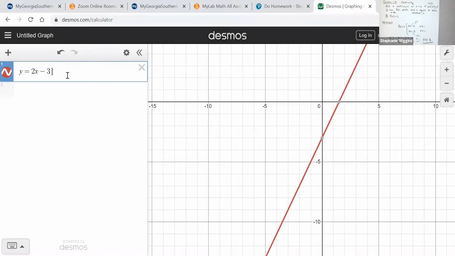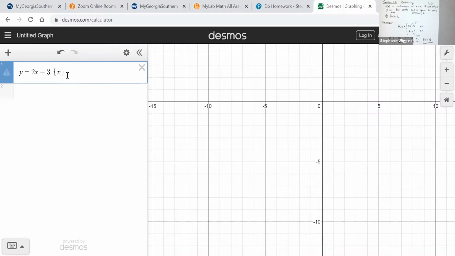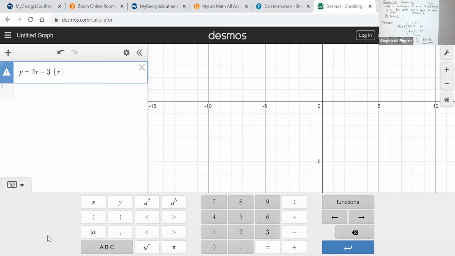I'm going to use what I call squiggly brackets. I type in x, and I want to go down to this little button that expands your choices, and I want x to be greater than or equal to 1. And then I'm going to close the squiggly brackets there. Inside these brackets, it's defining the domain.